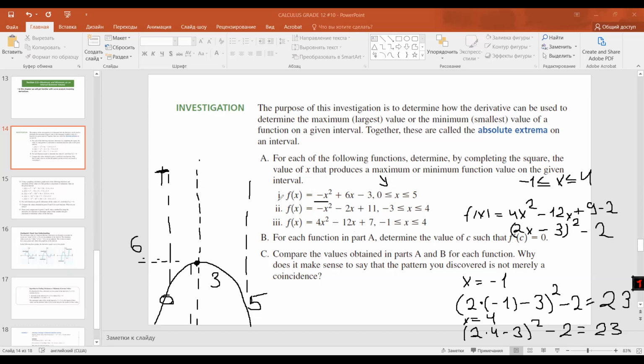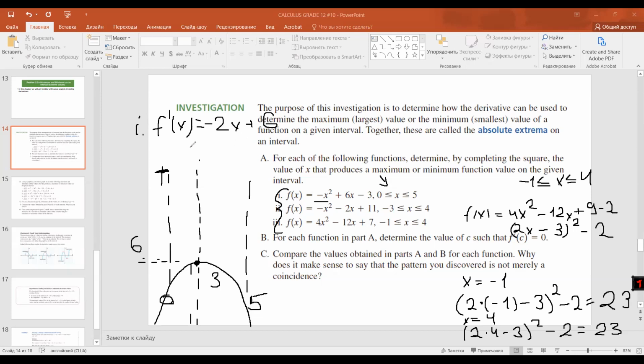Because if you find the derivative for each one of these functions, and you find when the derivative equals 0, you would find the x value of this point. So let's take a look at the first example. If we differentiate the first one, I'm gonna first get negative 2x plus 6, right?